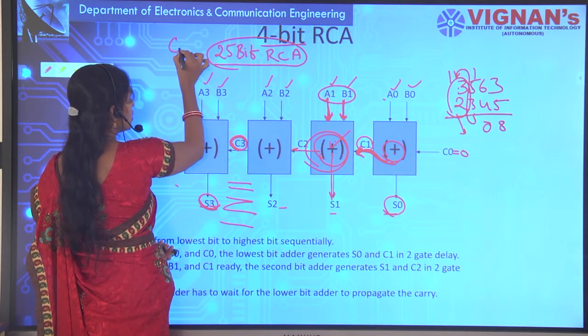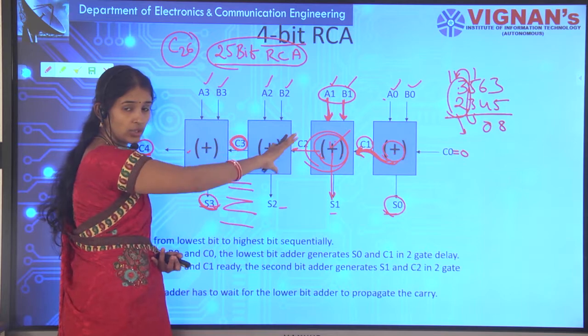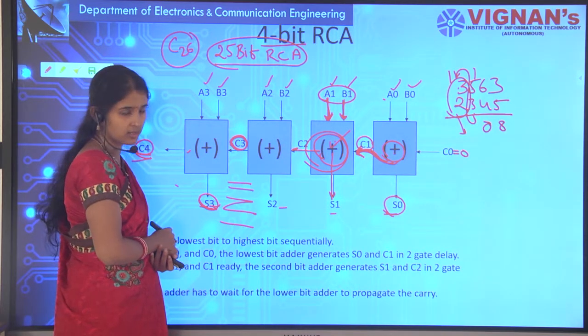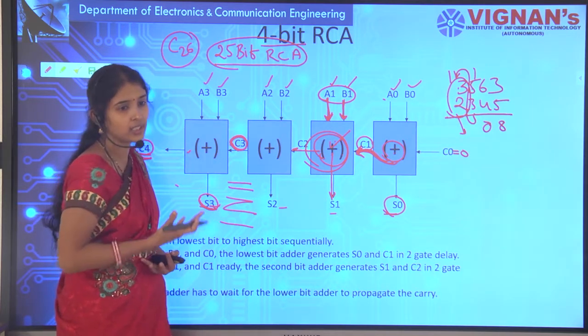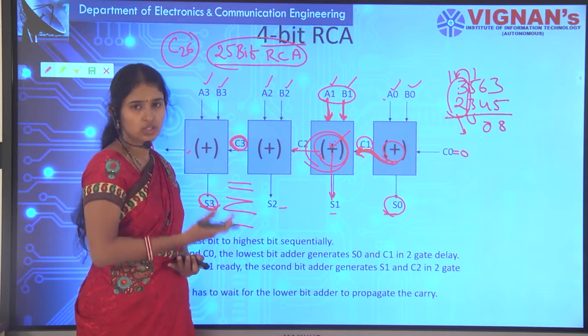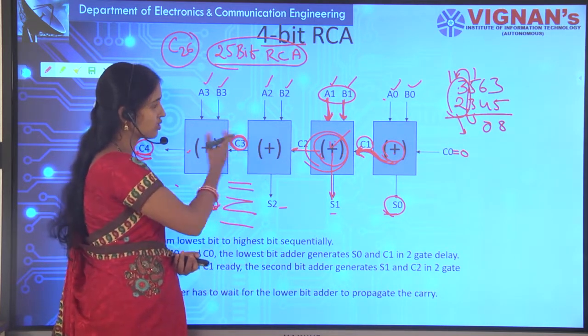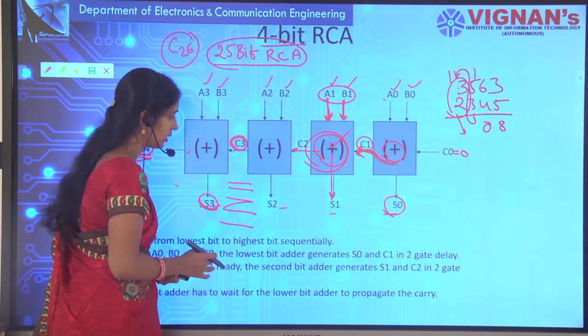If I want to generate C26, it has to complete all the additions and then provide C26. So when coming to higher bit additions, like 64-bit or 32-bit, this is a major drawback. There will be so much delay.